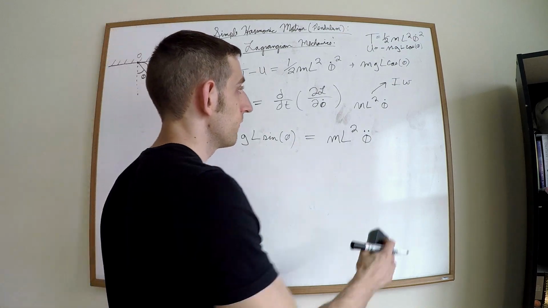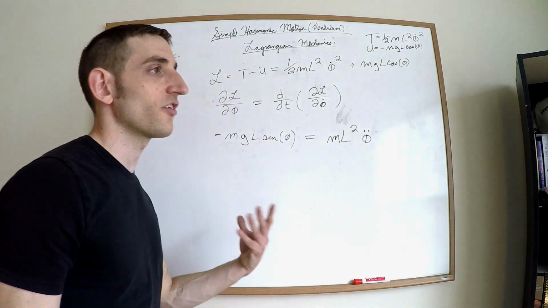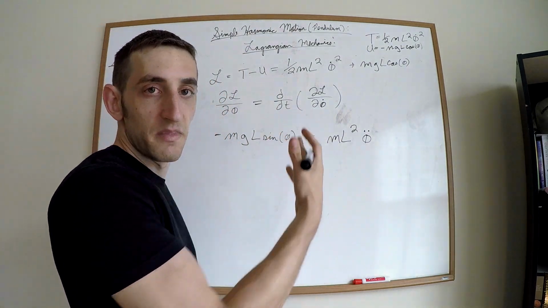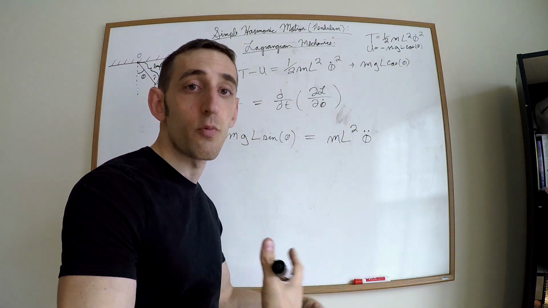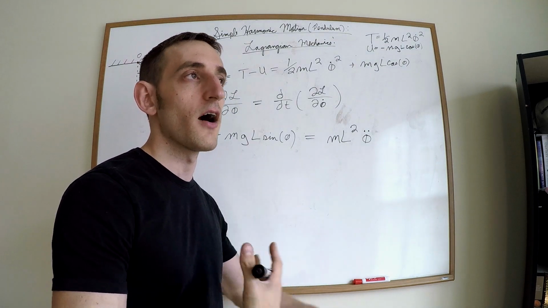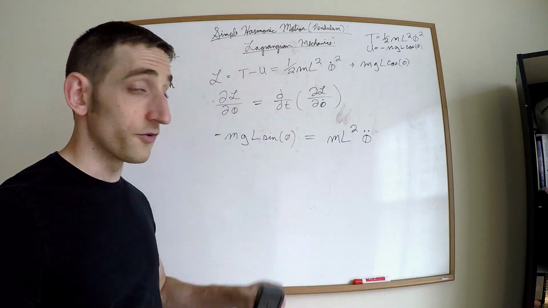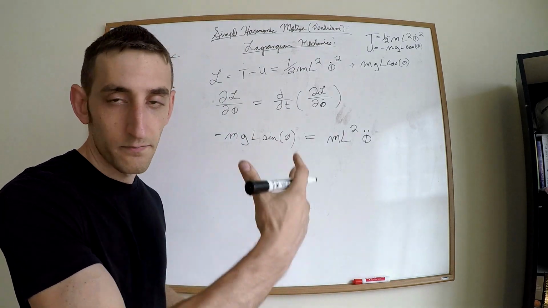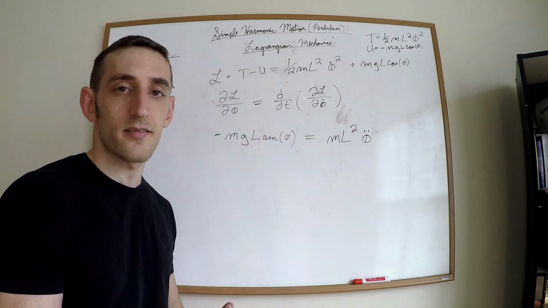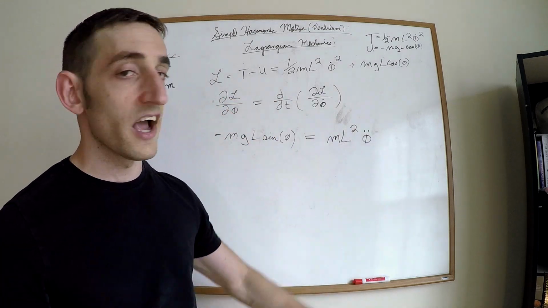So, Lagrangian mechanics is cool because once you work through all the math, you trust the math, bam, these quantities pop out that jive well with our intuition. That's super nice, right? It helps you feel comfortable. It helps you run through the derivation of what you're doing and say, I've seen that before. This makes sense. This looks like a torque. This looks like I omega.